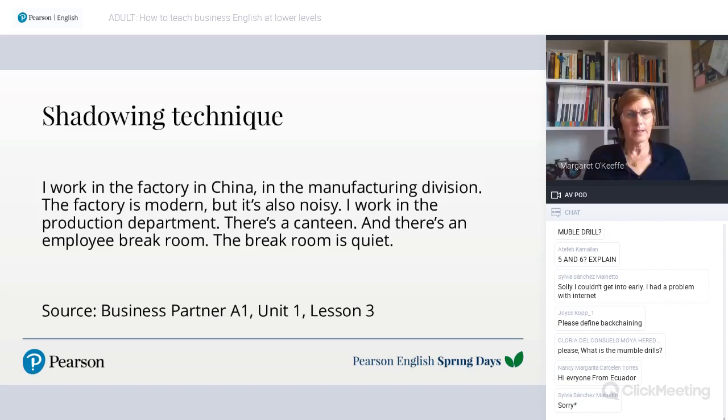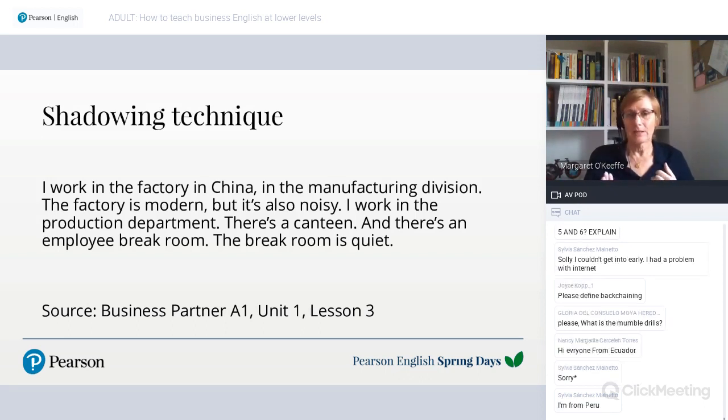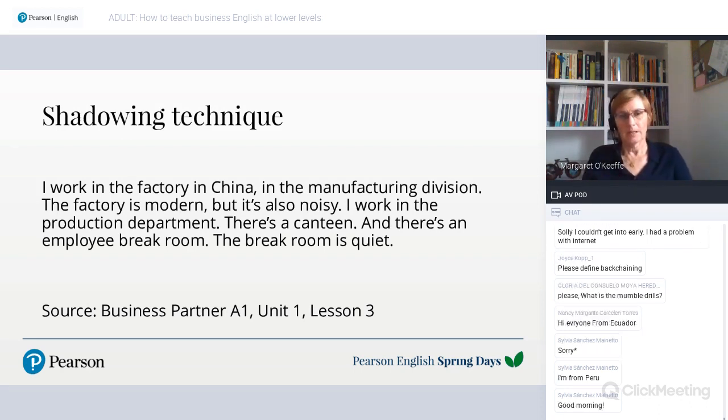And what we would do with this is the first part of the procedure is students listen and read. Just listen and read. Then the second part of the procedure is that they listen and then repeat after the speaker. Now, they don't do the whole thing. What you need to do is break it down, and the punctuation helps you to break it down here.